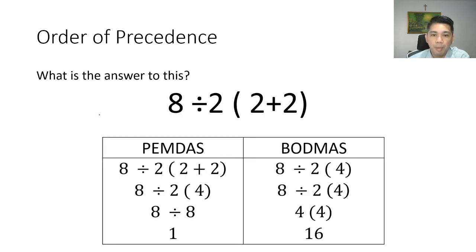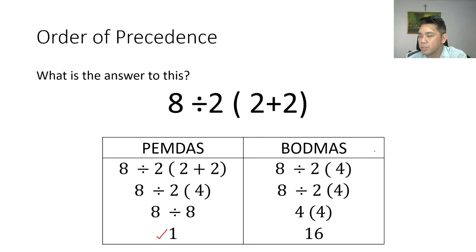If we use PEMDAS, like what we have learned during our elementary days, our answer will be 1. If we use this framework, BODMAS, by the way, BODMAS is primarily used in Europe and other parts of the West.